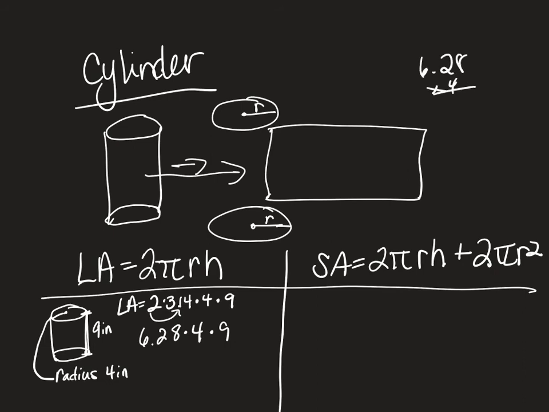4 times 8 is 32. 2 times 4 is 8. 25.12, is that what you said? Yeah. So 25.12 times 9.